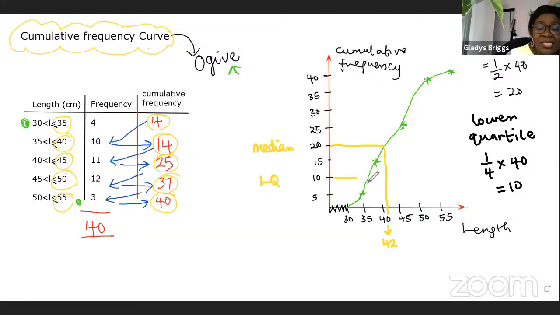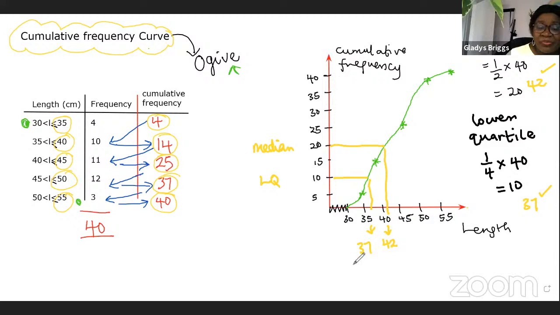So you have to follow that to the data and come all the way down, okay? And on mine, it looks a bit like 37. So my lower quartile is actually 37, okay? My median is actually 42.